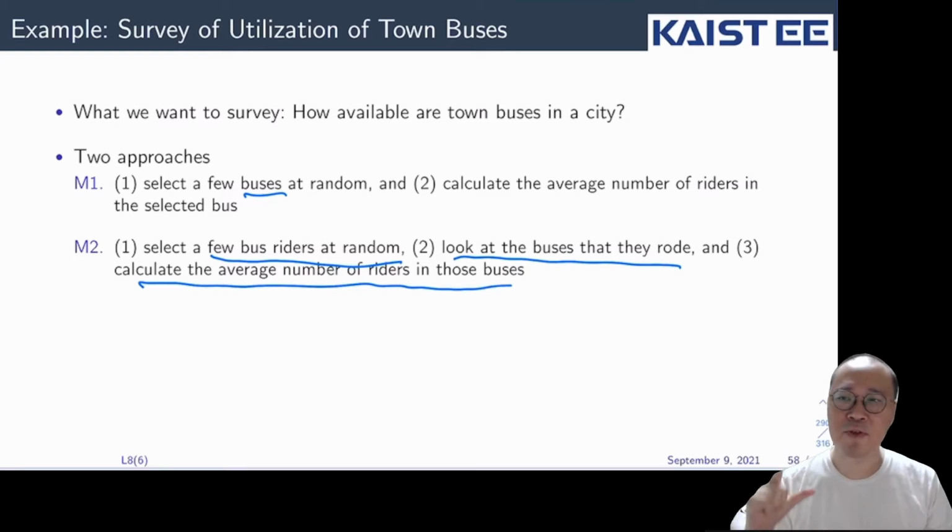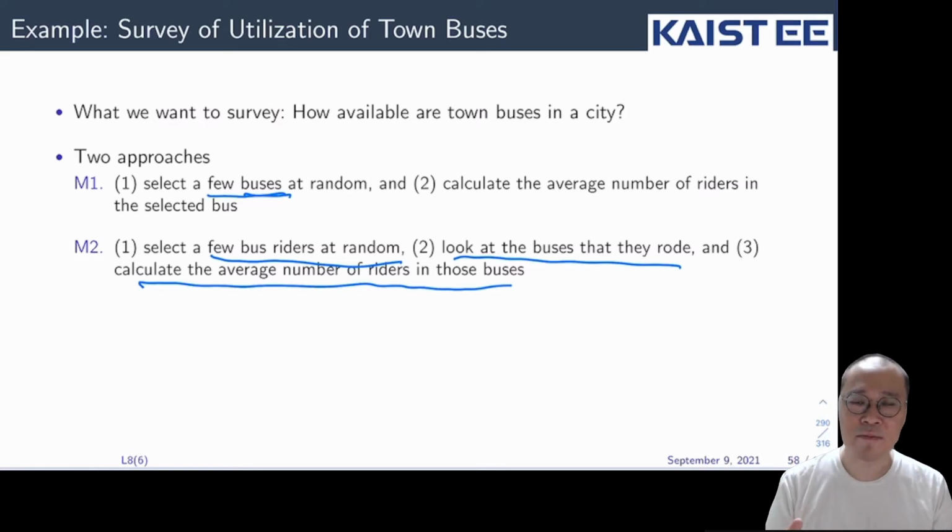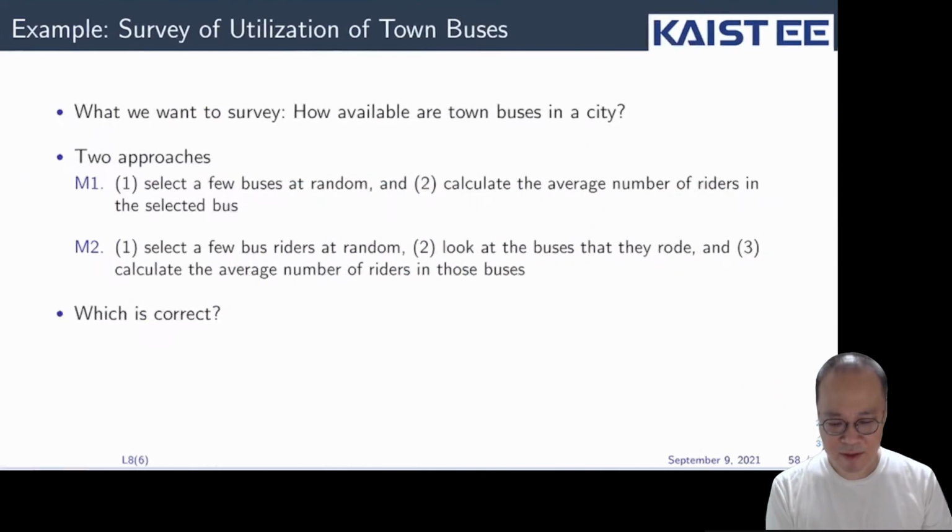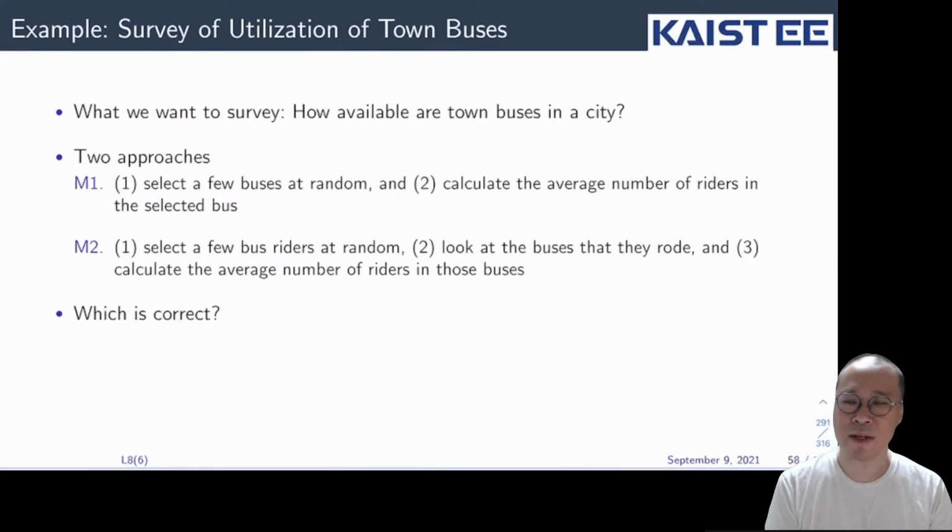So the difference between these two methods is whether we first select a few buses at random or we select a few bus riders at random. It appears that both methods are possible, but obviously just one of them would be more accurate. So the question is, which is correct?